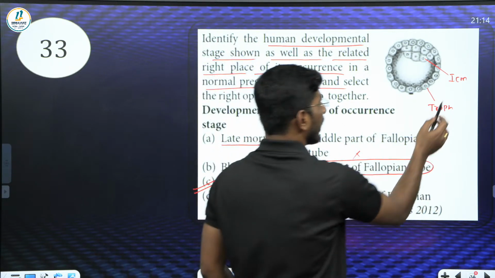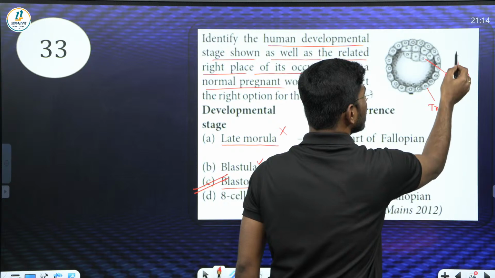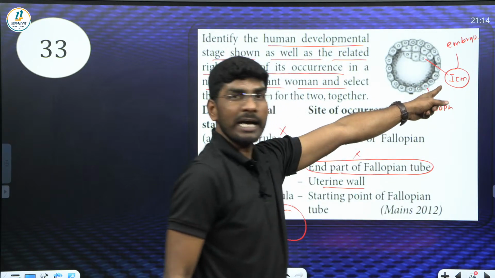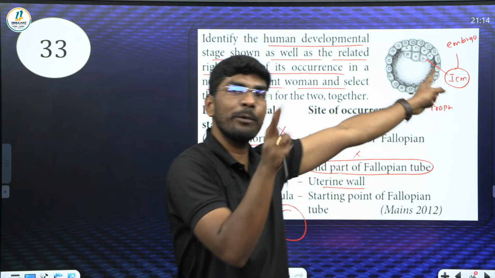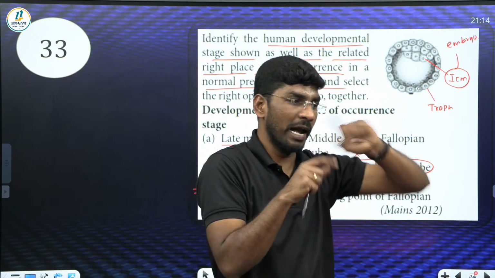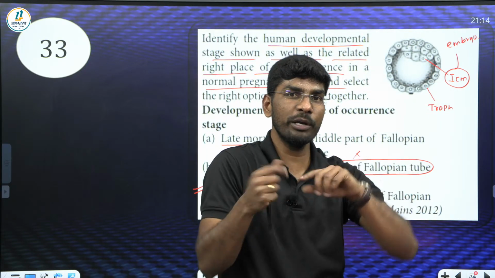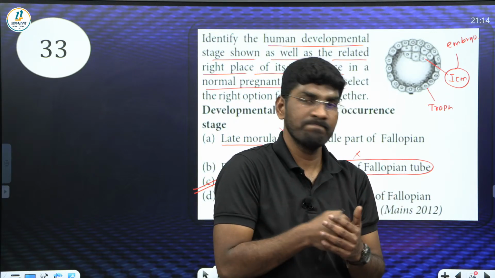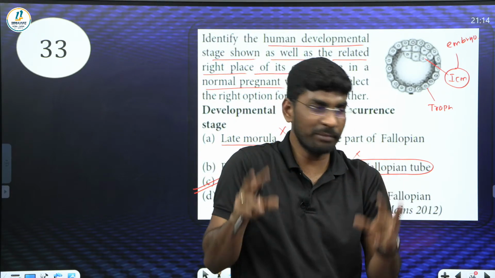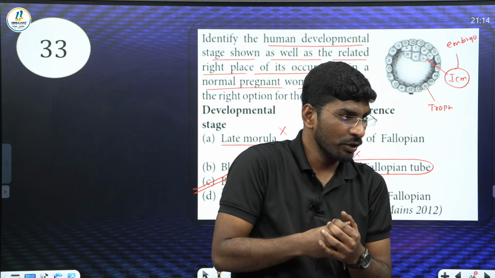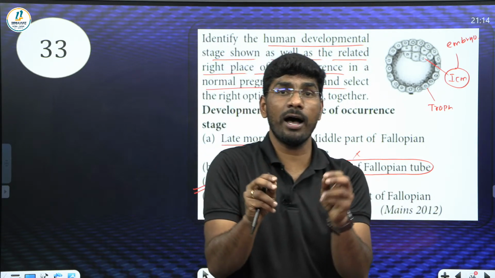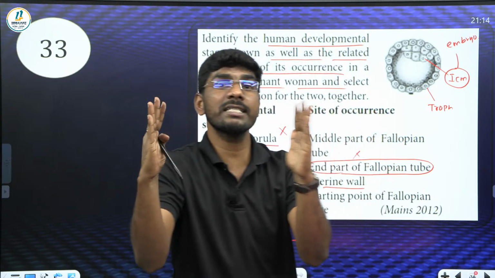Now, I have a question, my dear. ICM becomes the embryo, right? So tell me, in the supplement material we covered, is ICM a totipotent cell or a pluripotent cell? I explained stem cells mechanism to you. No, my dear. Totipotent cells are from the zygote to the 8 cell stage.